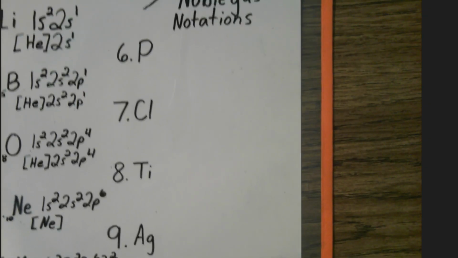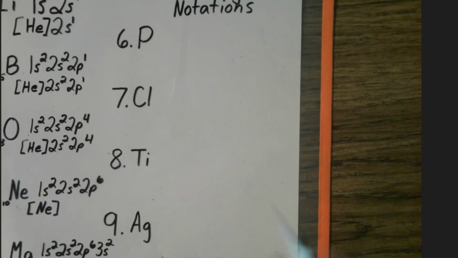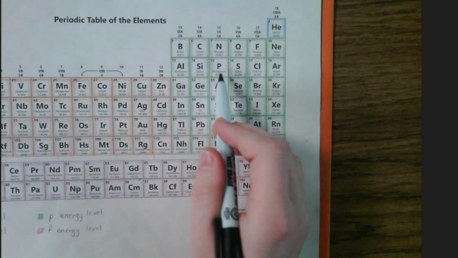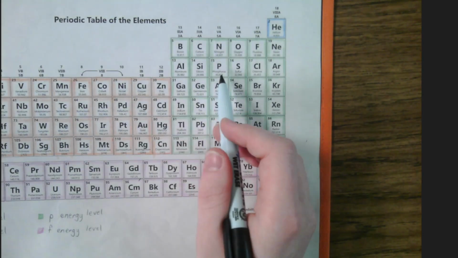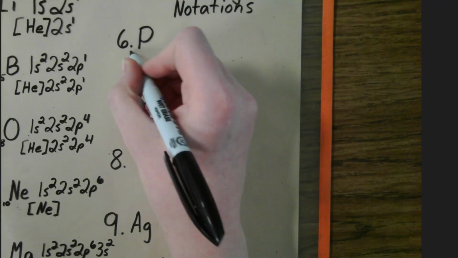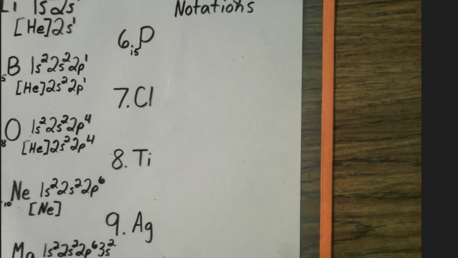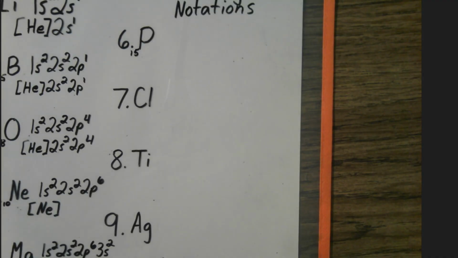Now these next couple ones, we have phosphorus. Phosphorus on the periodic table has 15 electrons. These 15 electrons, we're going to remind ourselves with a little number below it, 15. And then we're going to start filling up our orbitals.